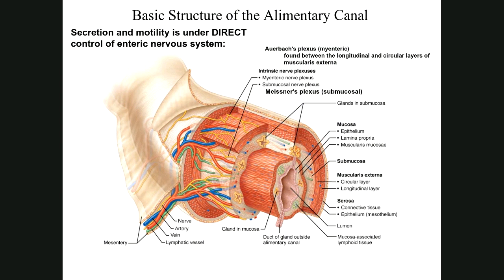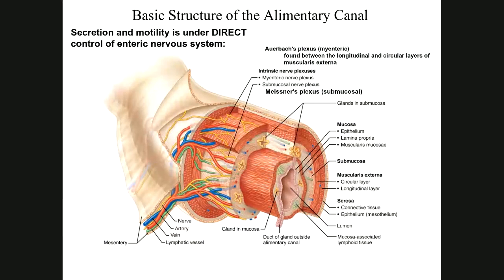It's funny, we call it serosa here, but in the esophagus, we call it adventitia. And it's not areolar connective tissue, it's actually dense connective tissue that holds the esophagus in place.